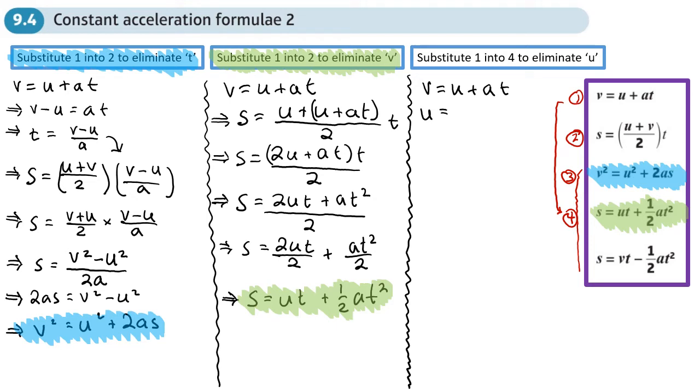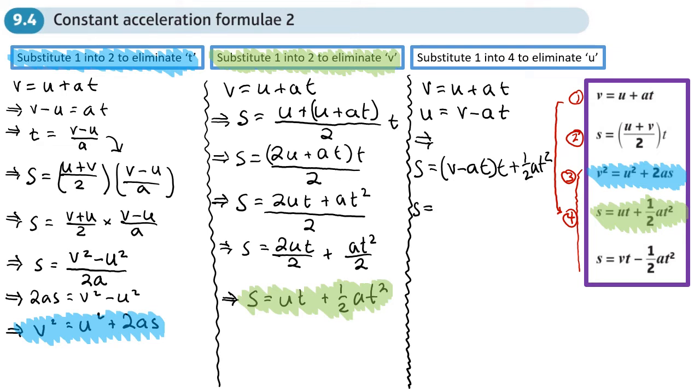So we'll have u equals v minus at. And then we're going to substitute that now into this equation here, equation number 4. Right, so if we do that, we'll have s equals, so u now gets replaced with v minus at. So it's like ut plus half at squared.